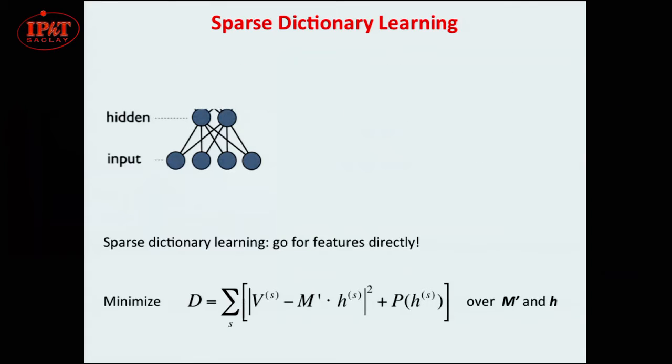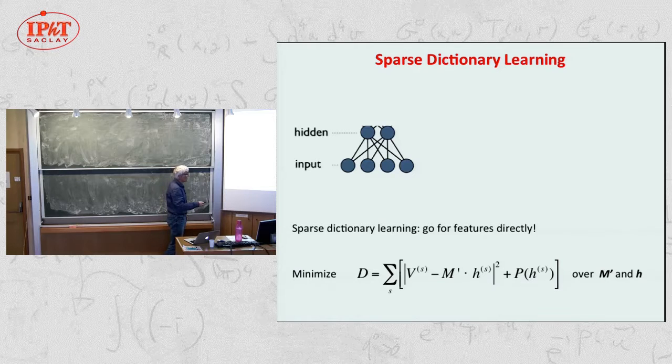So the idea is to have a machine where you have an input layer and a hidden representation layer, and you would like to minimize some kind of cost function over the weights which connect the inputs to the hidden units, with some sparsity constraints here. So essentially what we find is a machine with a bipartite architecture in the simplest formulation.